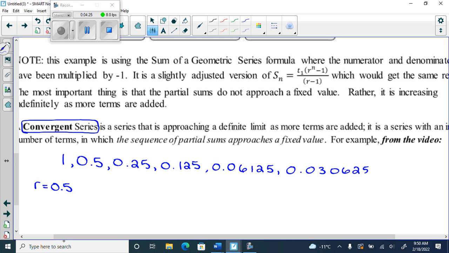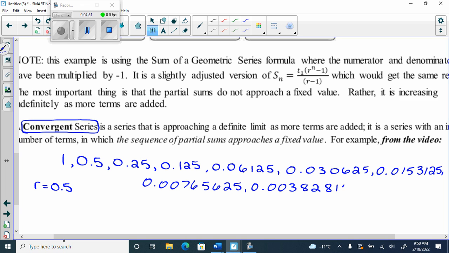And then we times that by 0.5, and we get 0.015625, and then we times that by 0.5, and we get 0.0078125, and then we times that by 0.5, and we get 0.0039. At this point, when I start adding these ones on, am I doing a heck of a lot?